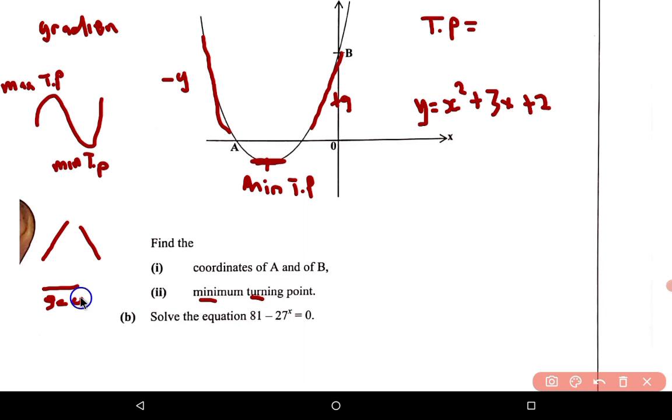Meaning at the turning point where it turns, the line becomes flat like this. So at this particular point your gradient is 0.